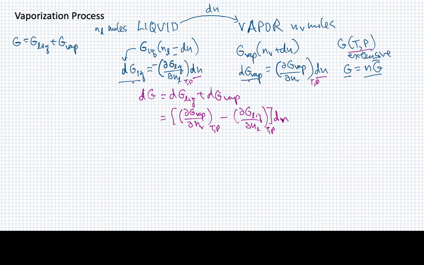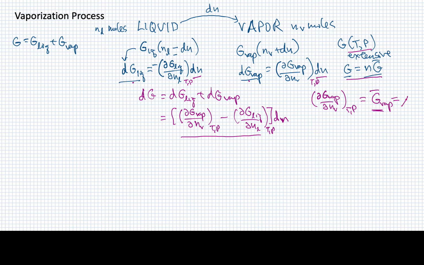These derivatives might ordinarily be difficult to determine, but since we know that Gibbs energy is an extensive property, they're actually not too difficult at all. In fact, I could write that the change in the Gibbs energy of the vapor with respect to its number of moles at constant temperature and pressure is really just the molar Gibbs energy of the vapor. But I'm going to give this molar Gibbs energy of the vapor a different symbol.